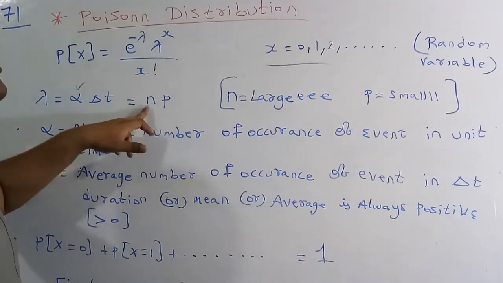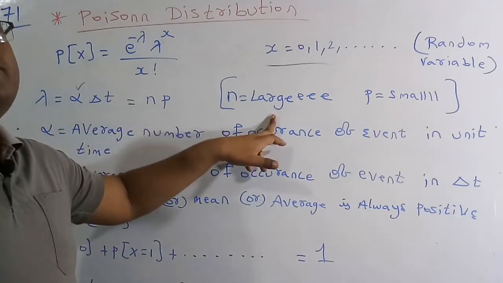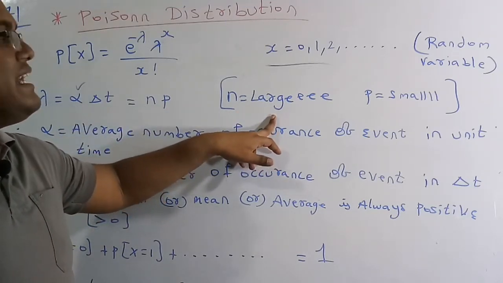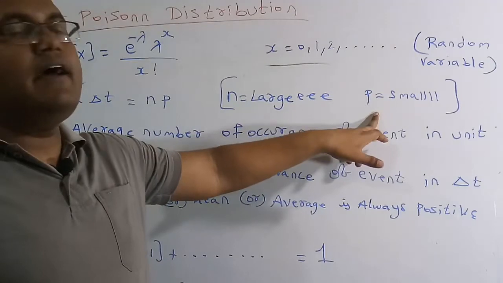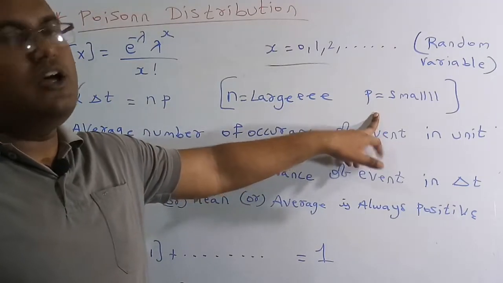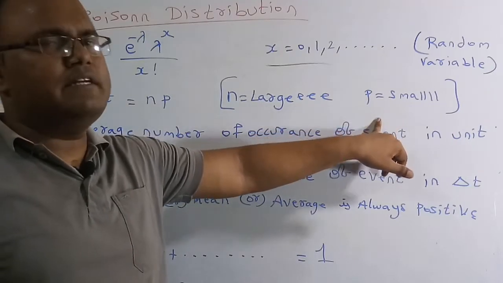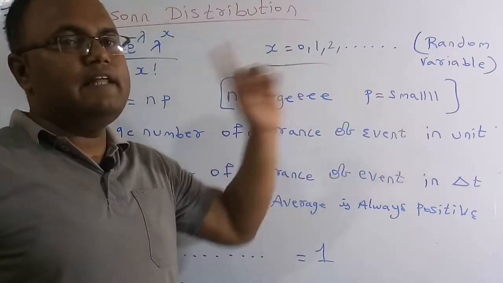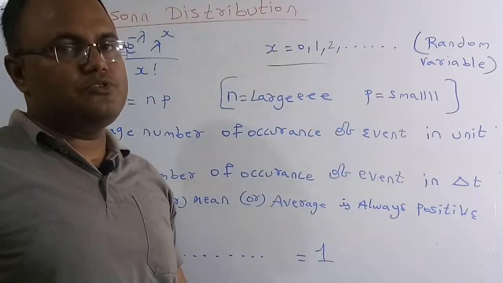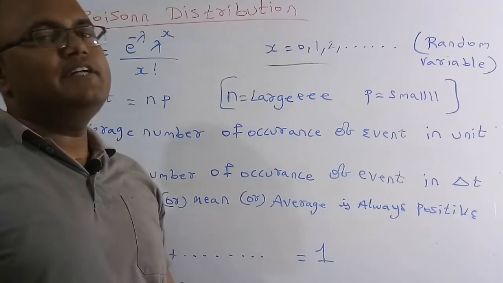As I have already told you, the n value should always be very large, nearly infinite, and the p value should always be very small. So whenever n is given as a very large value and p is given as a small value, then we prefer to use the Poisson distribution but not the binomial distribution.